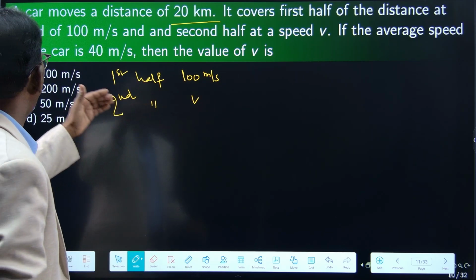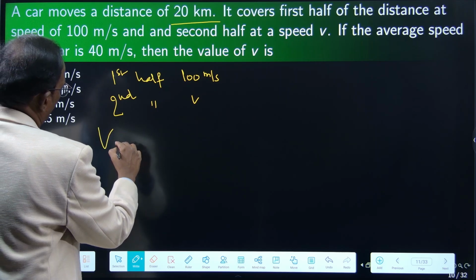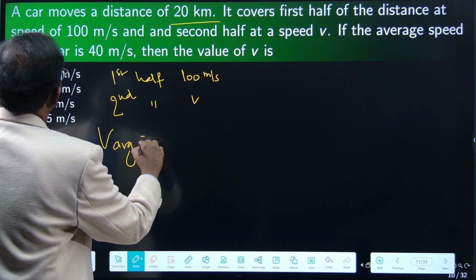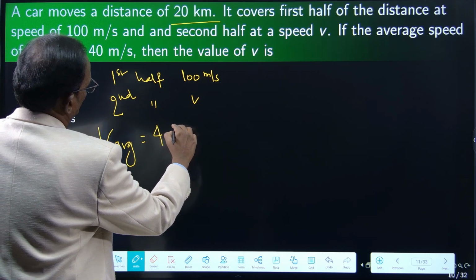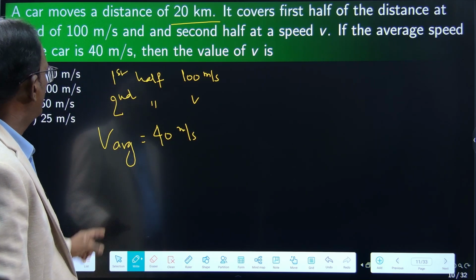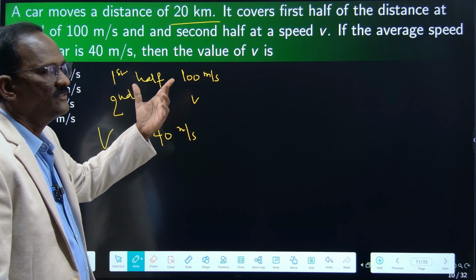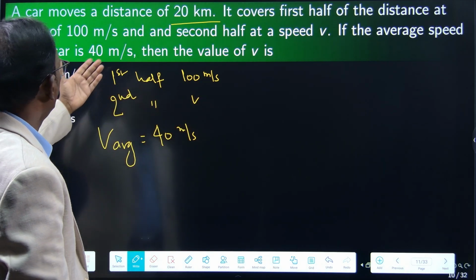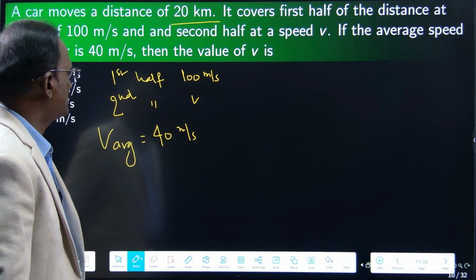The average speed of the car is given. In the previous 2 problems we calculated average speed, but here, in the second half, what should be the speed? Then the value of v is what? This is in the question.